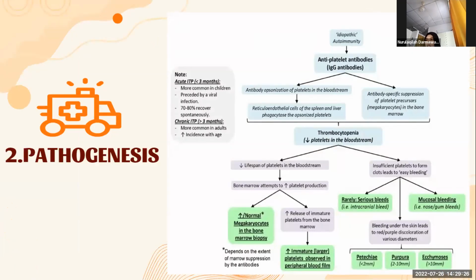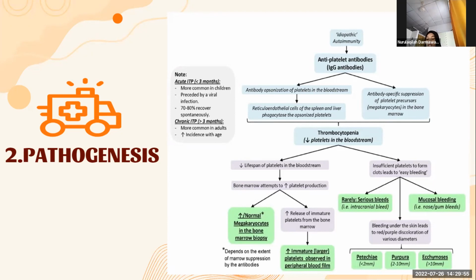Next is pathogenesis. As mentioned before, ITP is an autoimmune disease and mainly idiopathic. The exact cause of ITP remains unknown, but usually patients with ITP will produce anti-platelet IgG autoantibody, which is directed to platelet surface protein, mainly the GP2B3A complex.